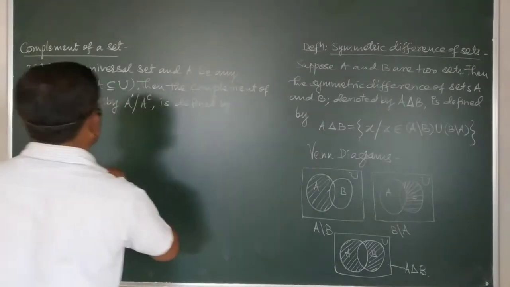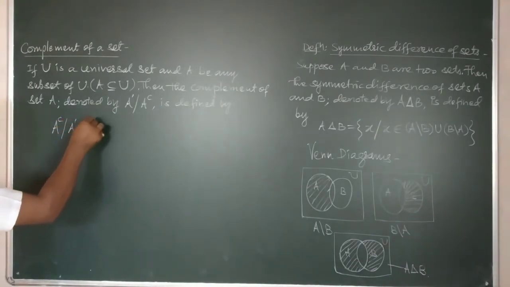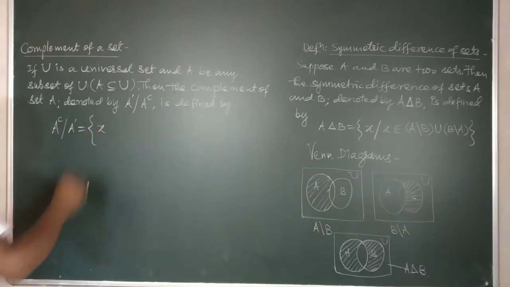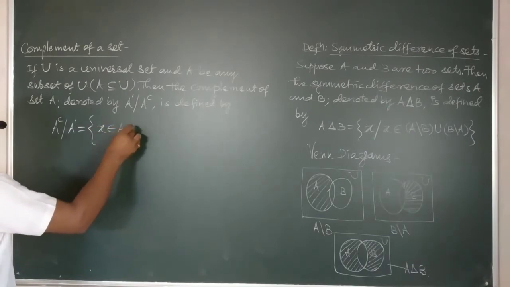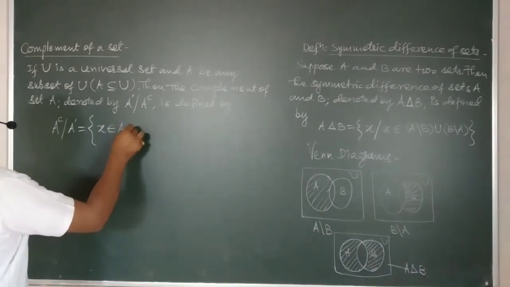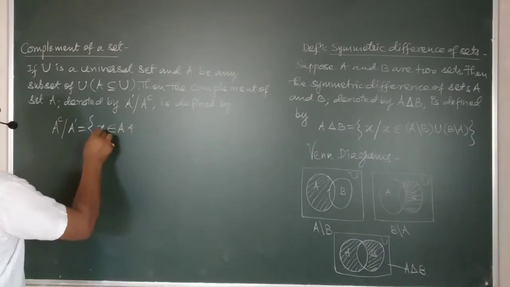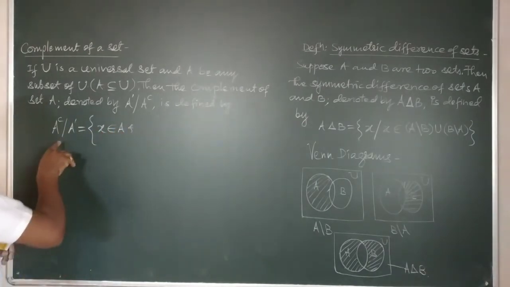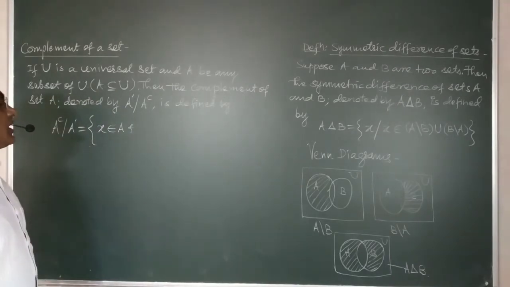as: A complement is equal to the set of all elements x belonging to U such that x belongs to A complement. If I write x belongs to A, what happens?